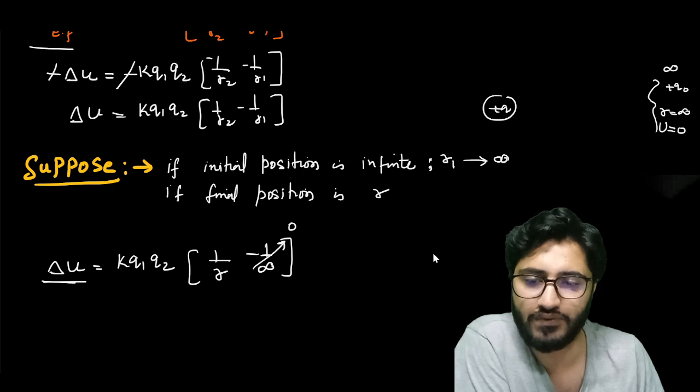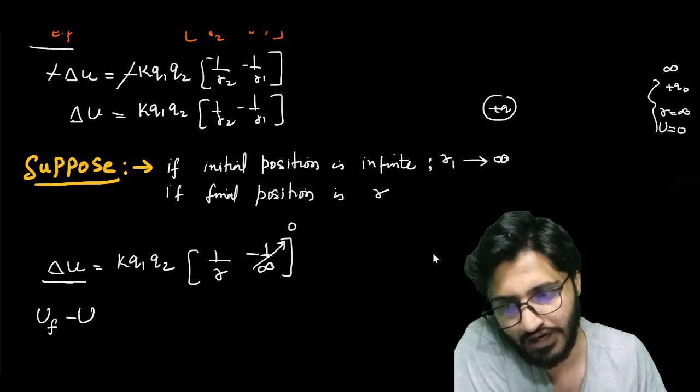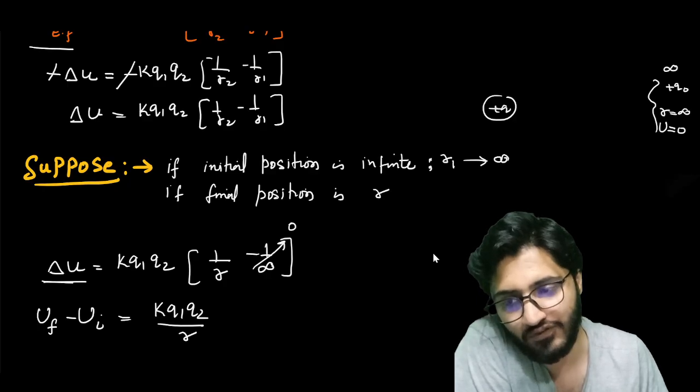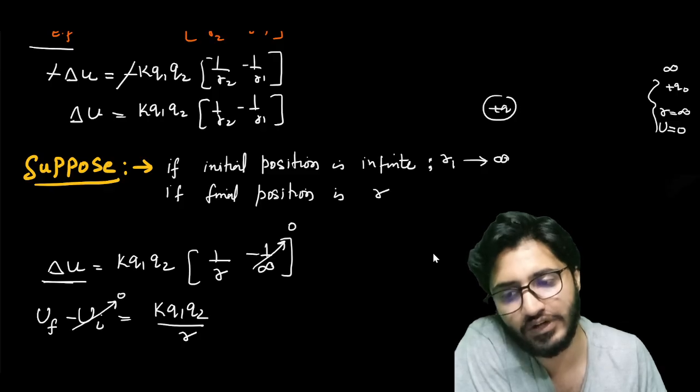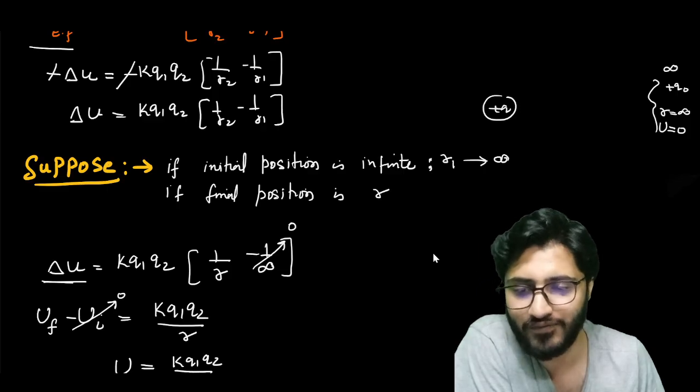What is change in potential? Is it final minus initial? Yes, sir. Final potential energy minus initial potential energy equals to K Q1 Q2 by R. And we know that initially my particle was infinite, so it is 0. So I can write electrical potential energy came out to be K Q1 Q2 by R.